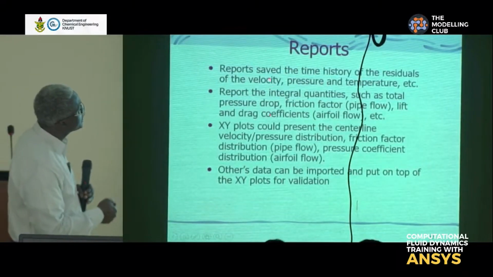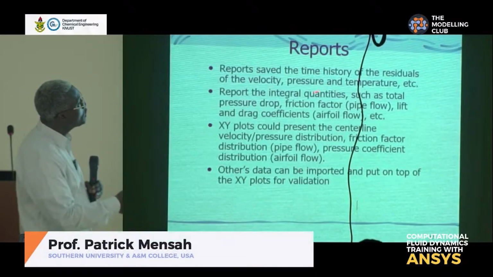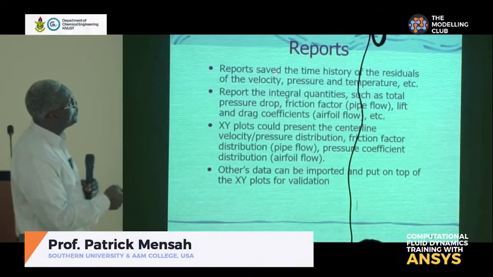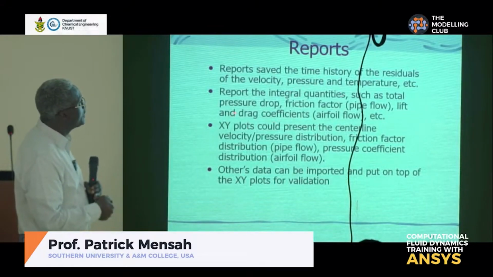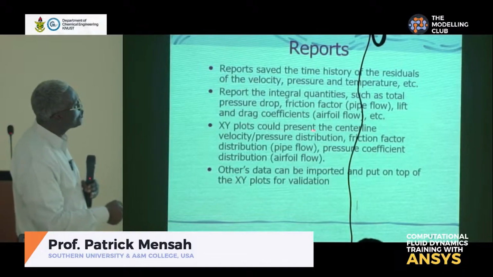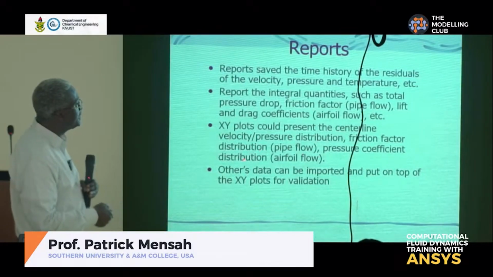In the reports, well, what do I want to report? Okay, reports say the time history of the residuals, of the velocity, the pressure, and so forth. The report the integral quantities such as total pressure, friction factor, drag coefficient, and so forth. XY plots could represent the centerline velocity, pressure distribution, friction factor distribution, and so forth.